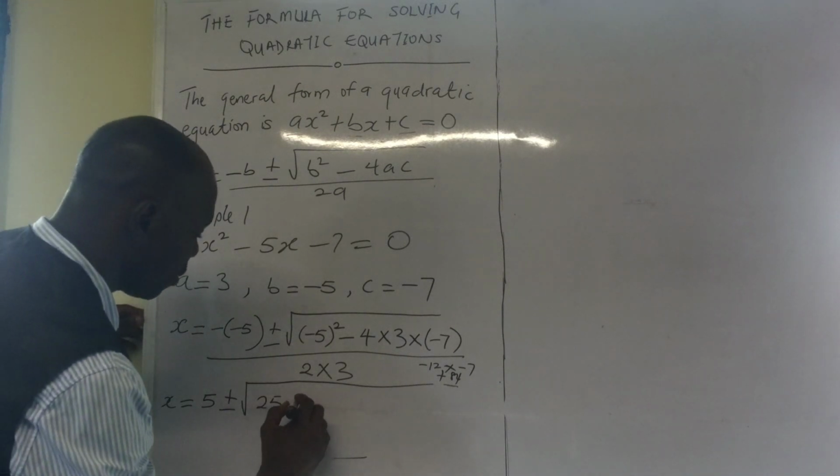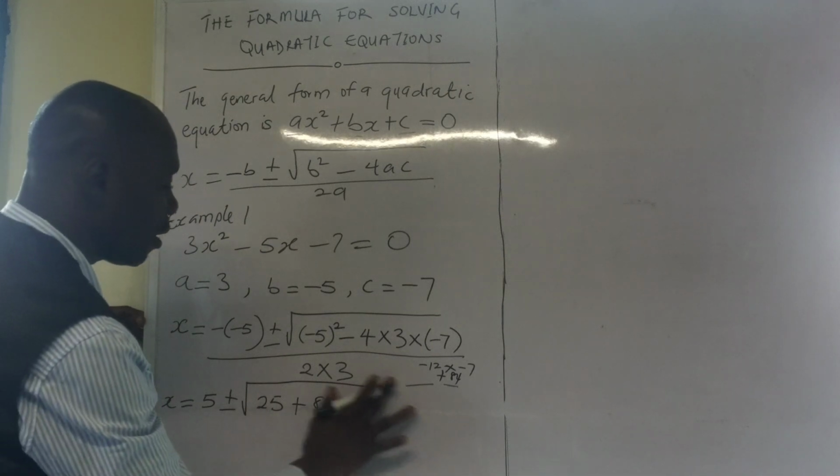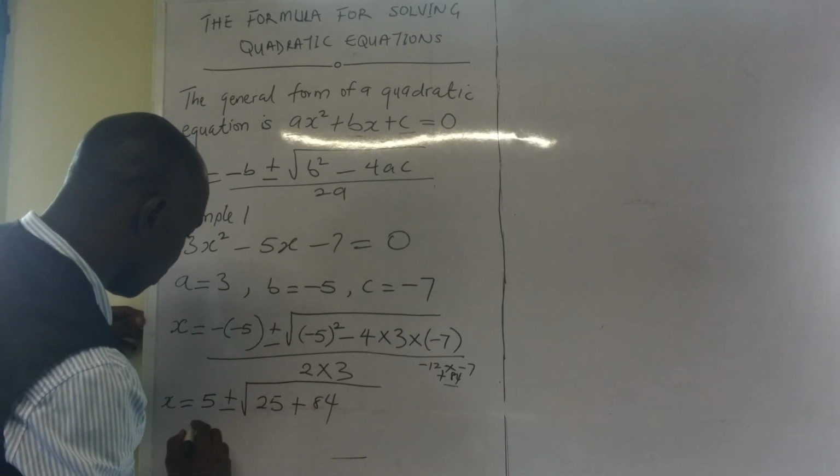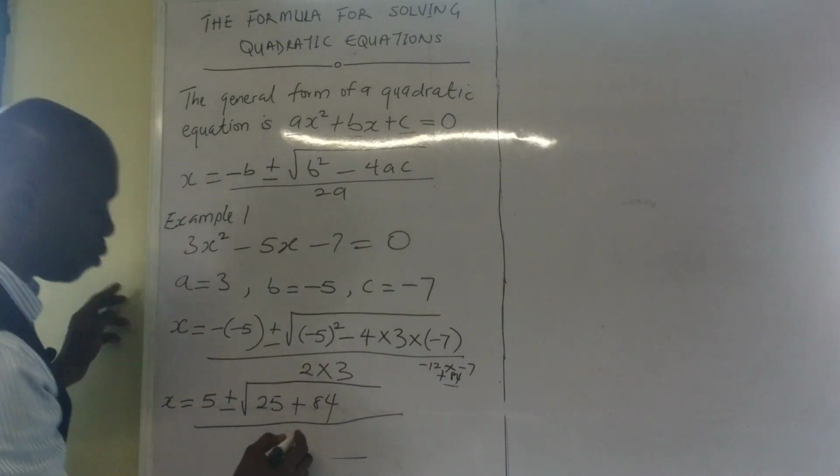So we have plus 84 here. Everything all over 2 times 3, which is going to give us 6.